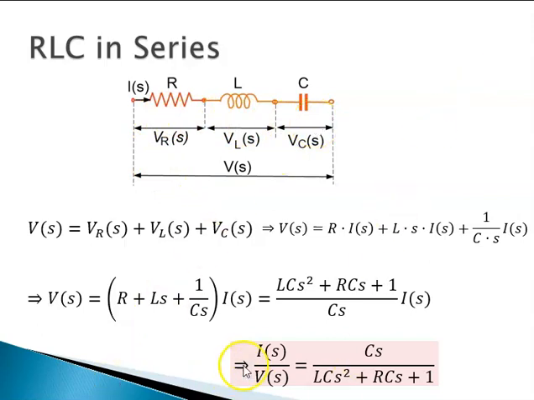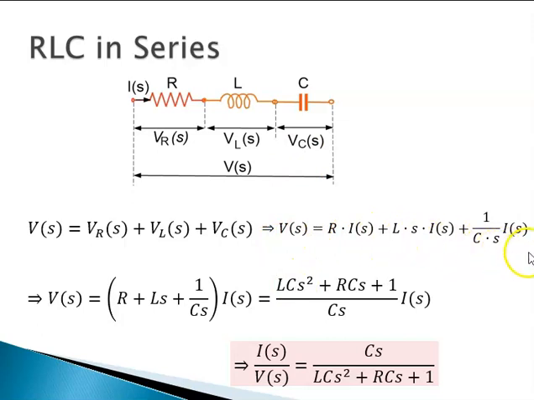To derive this transfer function, see what we did. We wrote individual equations describing individual components. VR is equal to R i, VL is equal to L di by dt, VC is equal to 1 over C integral i.